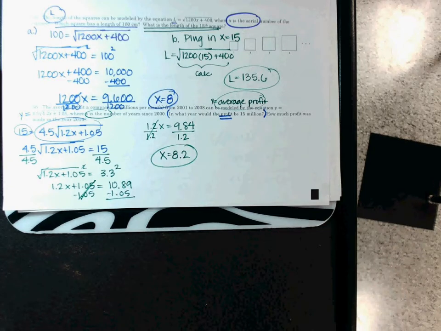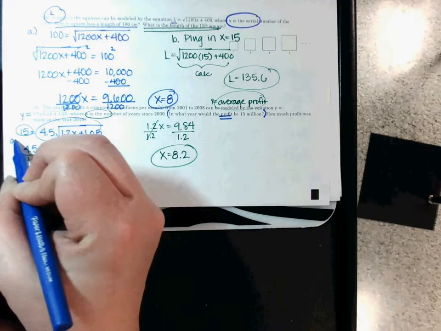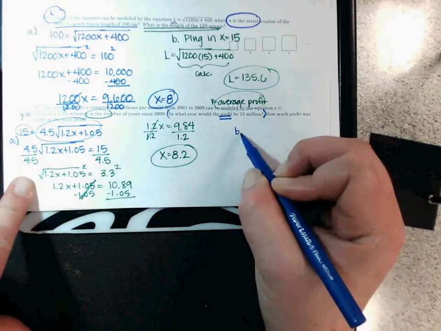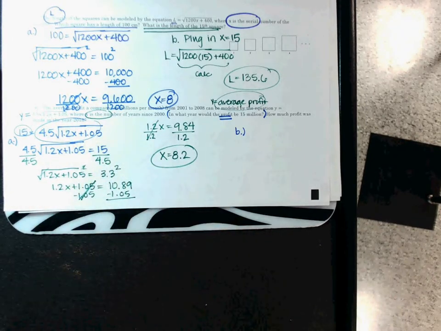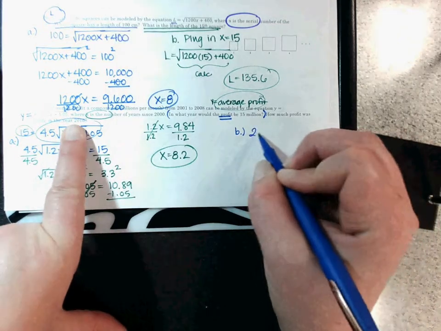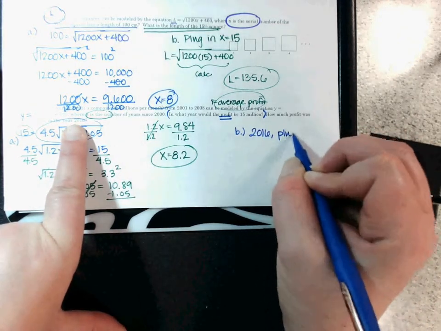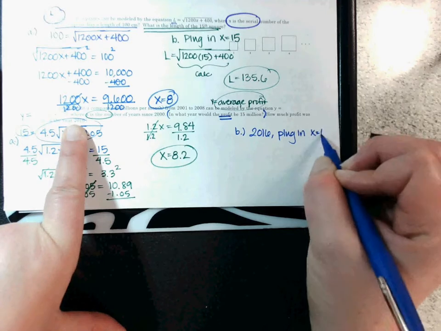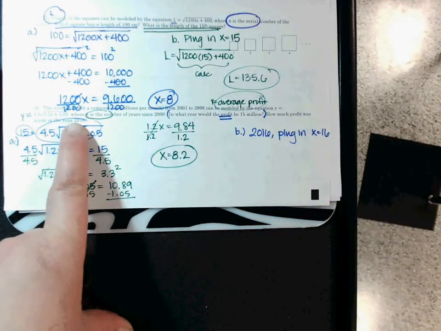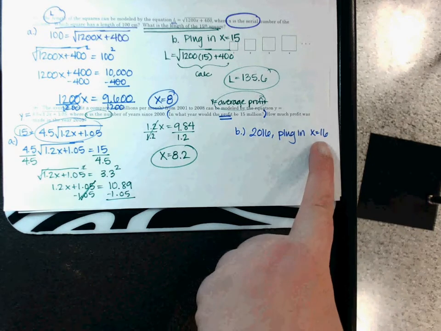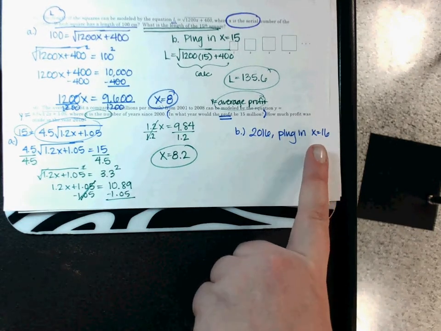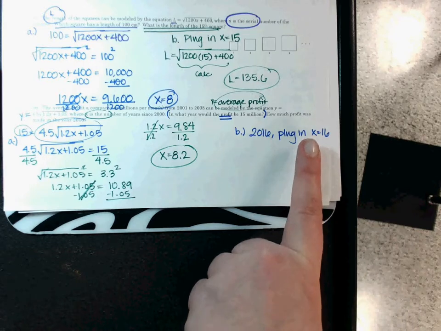Okay? Then just like on your test, that was your question A. Your question B says, how much profit would there be in 2016? So what year would I plug in if I want to be in 2016? You plug in 16, right? Not the whole 2000, because you're not starting until 2000. So you take your 16, plug it in for X, because that's a year, and then you figure out what it is.